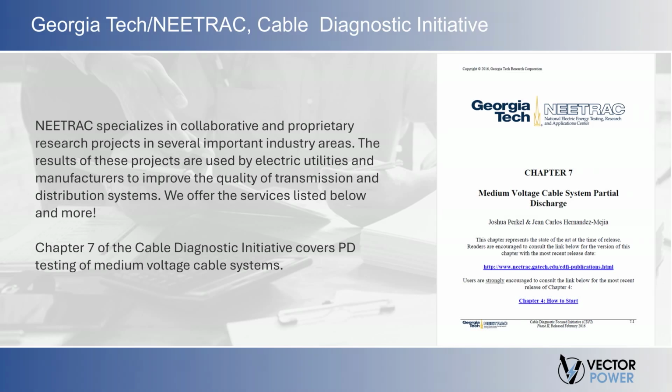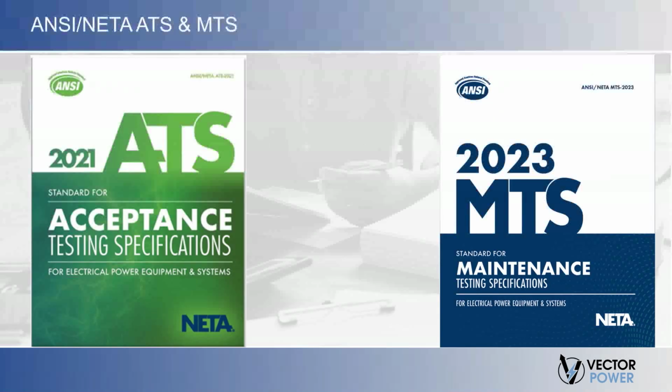A wonderful research paper that I highly recommend everybody get a copy of is the Georgia Tech NETRAC Cable Diagnostic Initiative. And last but not least in our resource references, we have the ANSI NETA acceptance testing specifications and maintenance testing specifications.